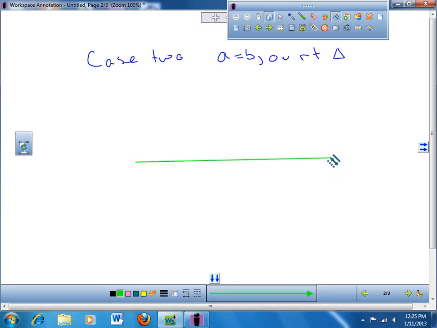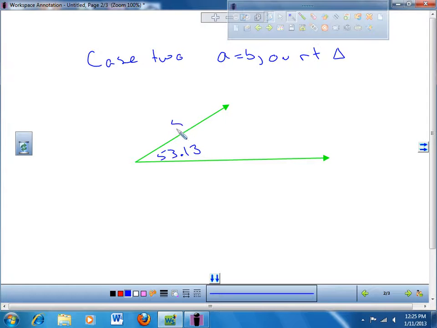So here's a side, here's another side going up this way, and I make this angle exactly 53.13 degrees. Again, this side is 5, and this side over here, A in this case, is going to be 4.